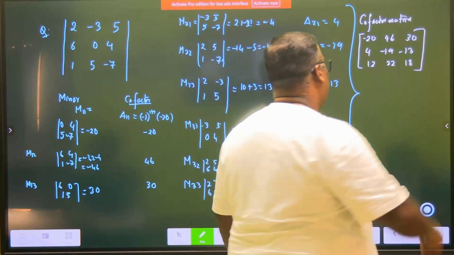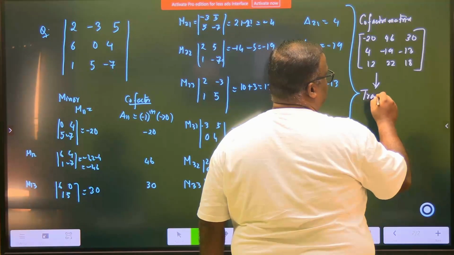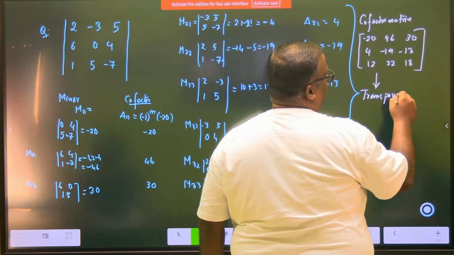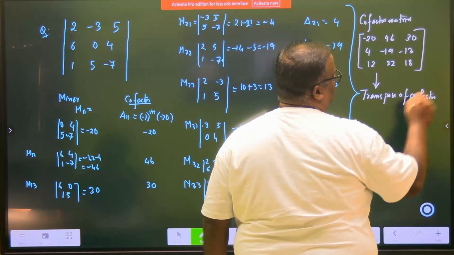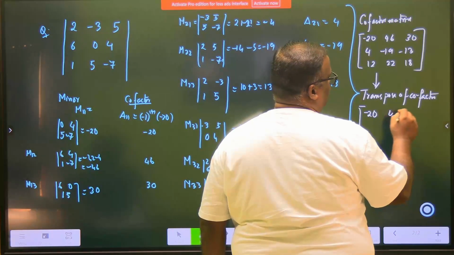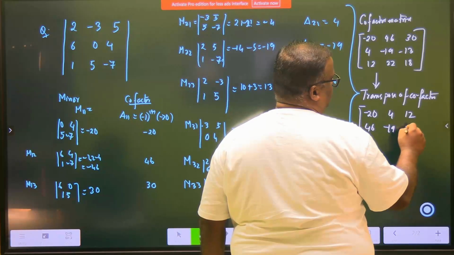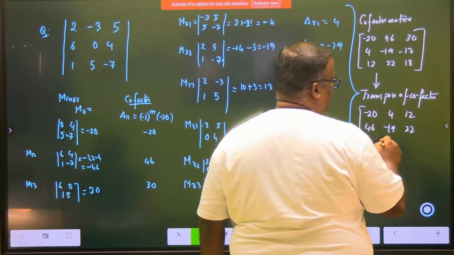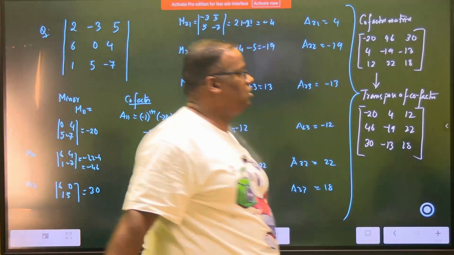Now try to find the transpose of the cofactor matrix. Transpose means swap the rows and columns. So it will become 46, minus 19, 22; 30, minus 13, 18. This is the transpose.